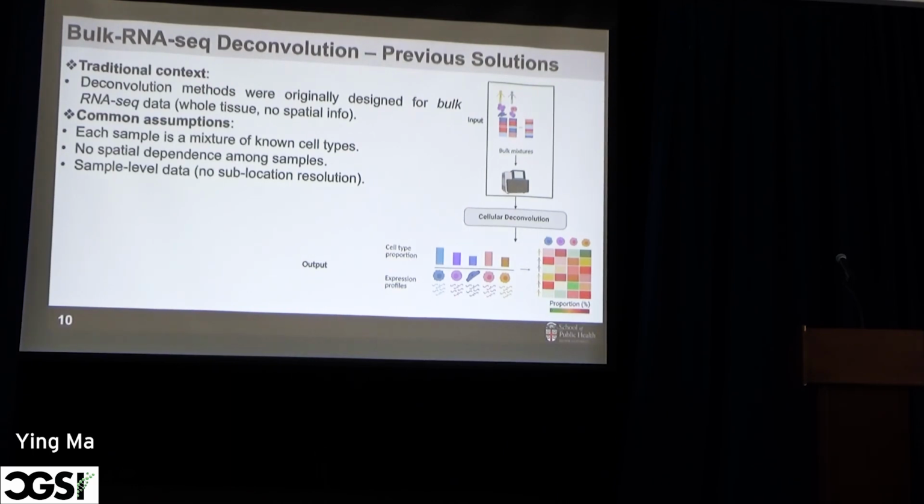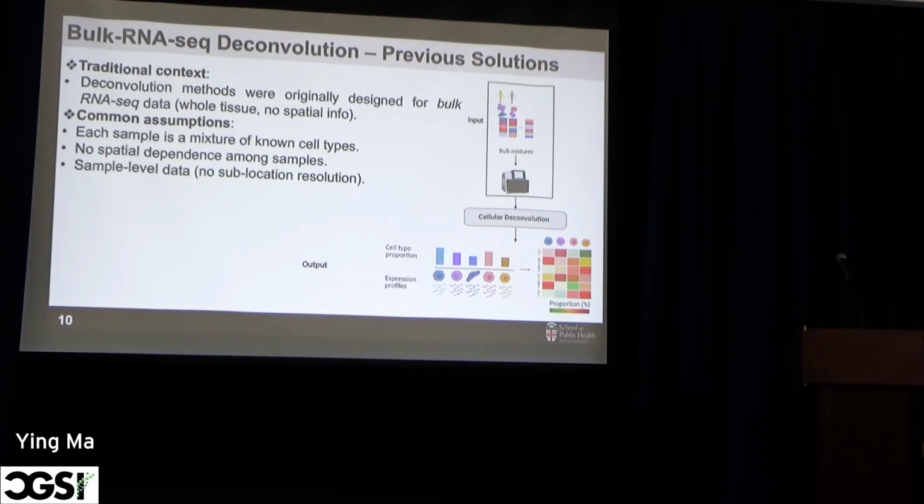So why doesn't the previous solution work for spatial transcriptomics data? In the traditional context, deconvolution was originally developed for bulk. However, bulk RNA-seq data represents a whole tissue sample, and there is no spatial information provided. Also, a common assumption for bulk RNA-seq is that each sample is a mixture of known cell types, and there is no spatial dependency among samples.